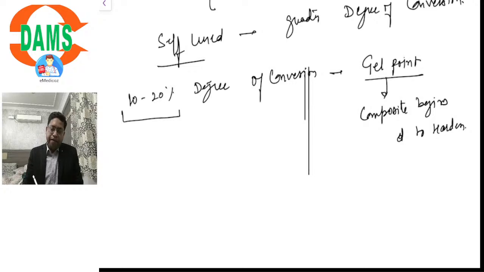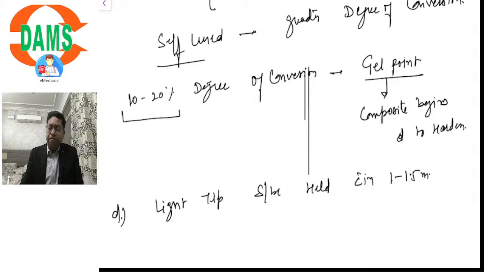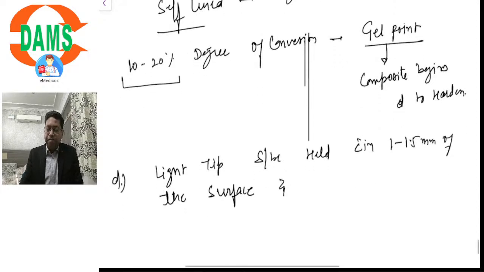Then another variable is the light tip should be held within 1 to 1.5 millimeter of the surface, and perpendicular to it.